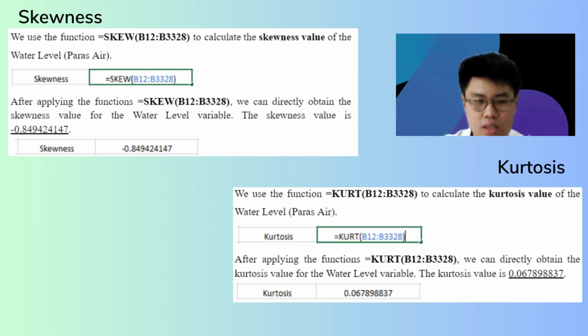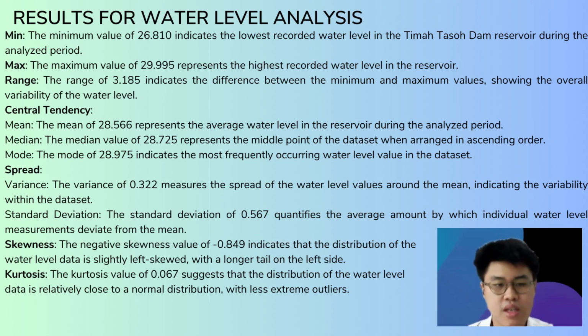We use the function KURT B12 to B3328 to calculate the kurtosis value of the water level. After applying the functions, we can directly obtain the kurtosis value for the water level variable. The kurtosis value is 0.067898837.